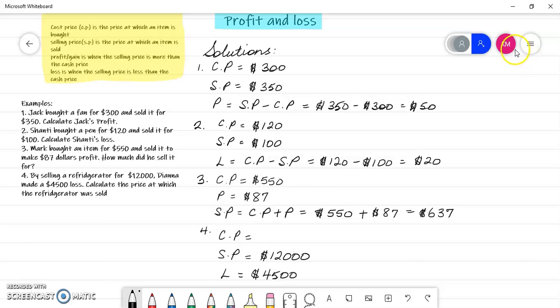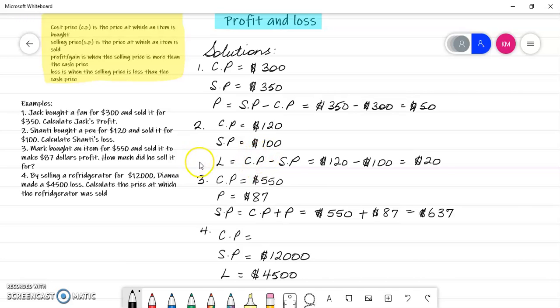I need now to find my cost price. So if I look back at number 1 here, that is profit. So let's look at number 2. Number 2 dealt with loss. Loss is equal to your cost price take away your selling price. I need to find cost price.